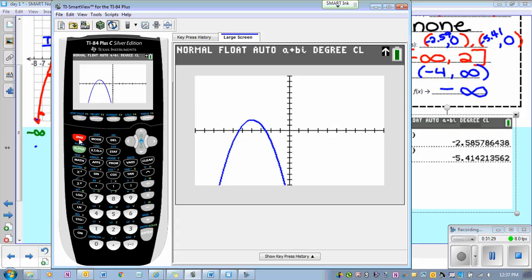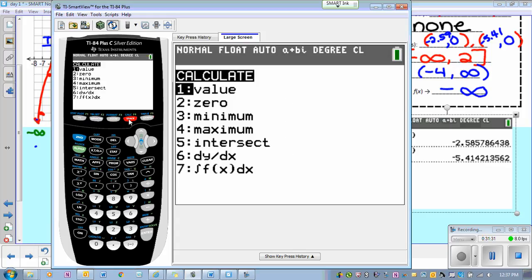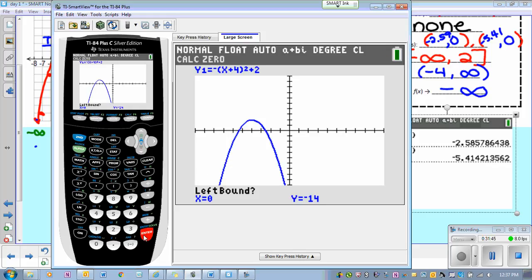So here's what you do. Go to second trace. And then go to 0, because it is an x-intercept, 0, root, solution, 0. You're supposed to see a little blinker. Where is it? Because I don't see it. But you see this x equals? It says 0.